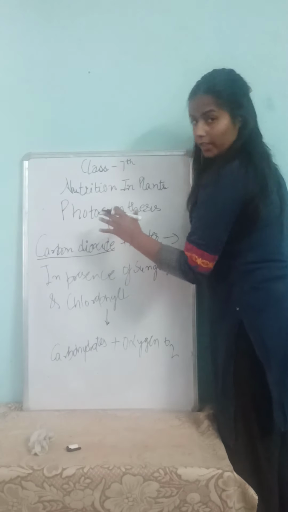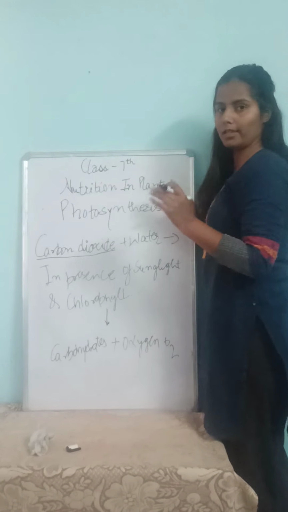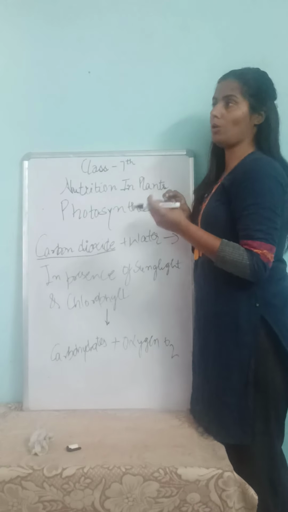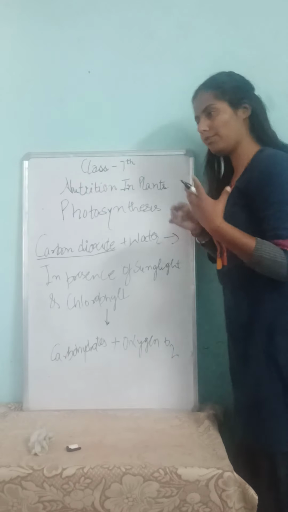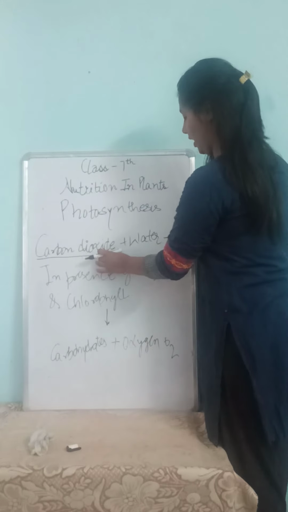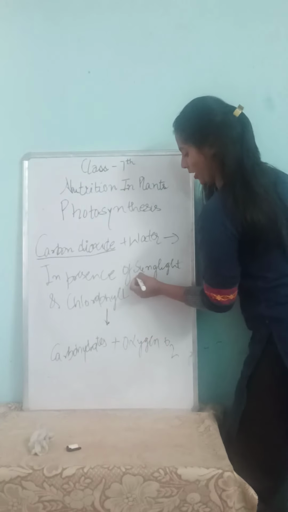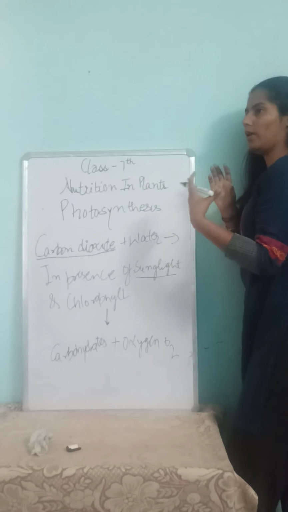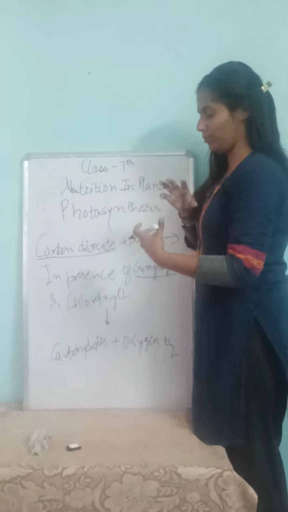Like the first ingredient, as we are going to make a dal, we need some dal, some spices, some water, some salt or chilies to make the process of cooking. Likewise in photosynthesis, carbon dioxide, water in the presence of sunlight and chlorophyll are the essential parts. Like for cooking we require some gas or stove on which we cook the food.